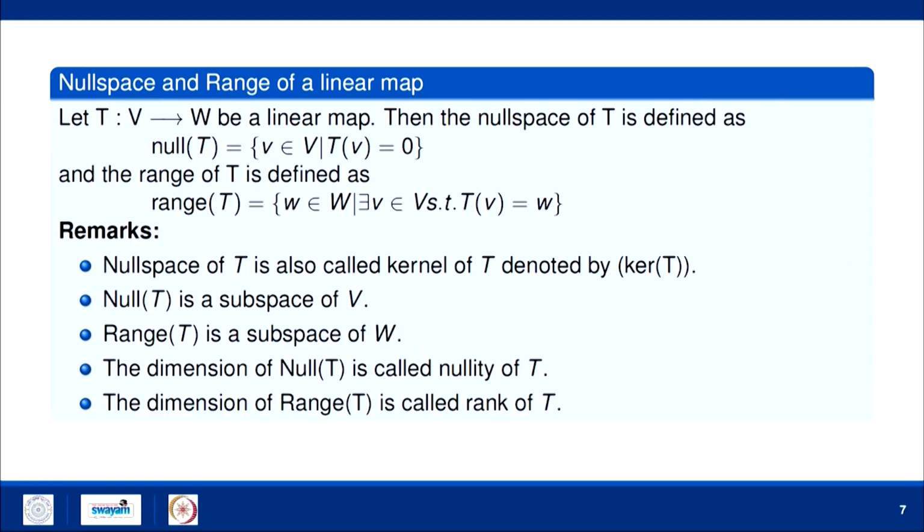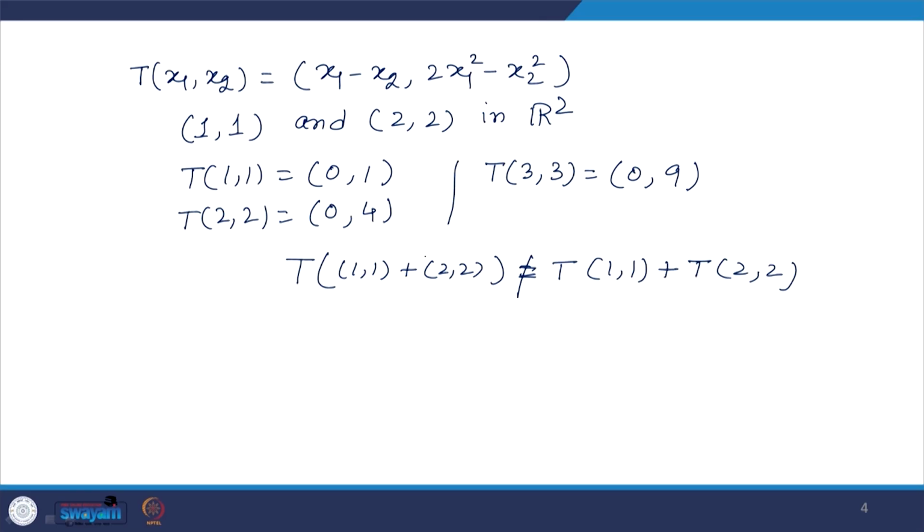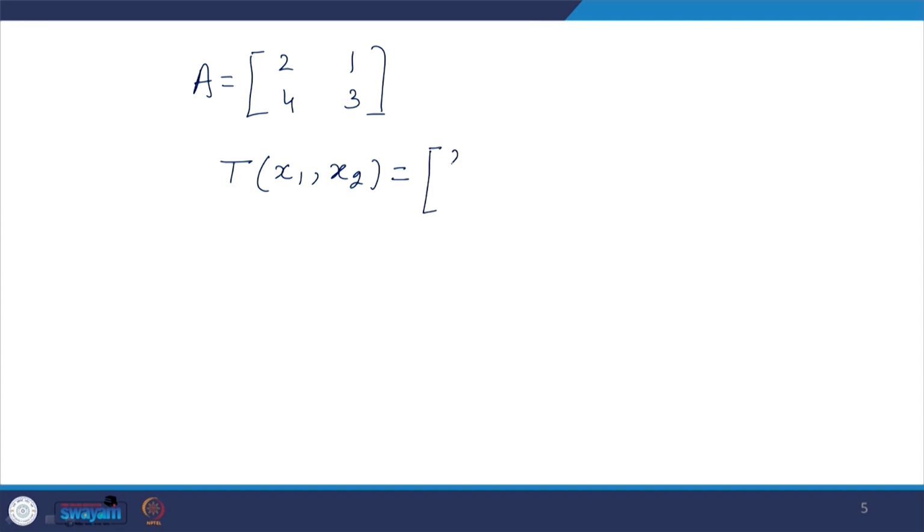Similarly, if you have a matrix, how do you find the corresponding linear transformation? Let us say you have a matrix A equal to [2, 1; 4, 3]. Then the linear transformation corresponding to this, relative to the standard basis, will become [2, 1; 4, 3] times (x1, x2).